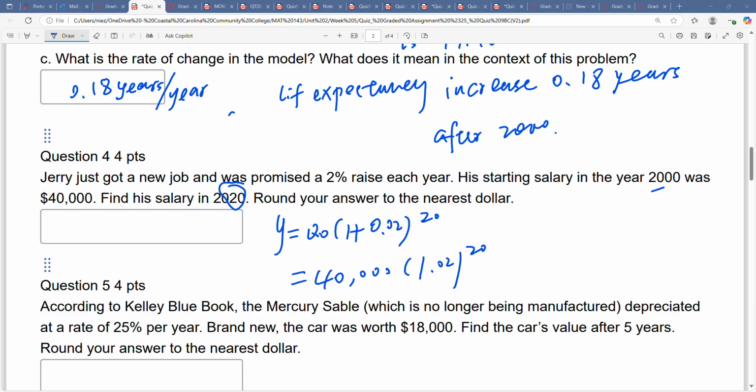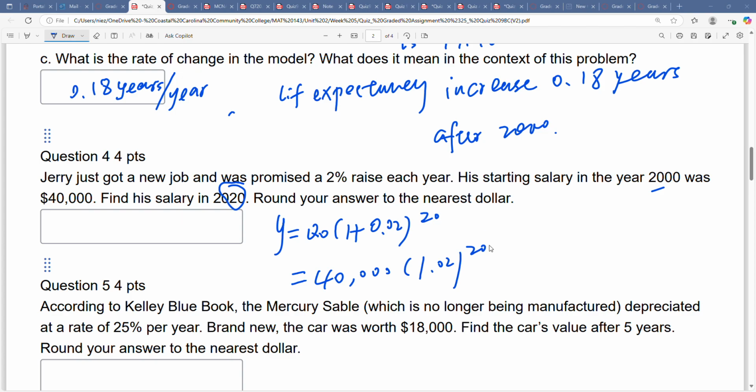You just put this into the calculator. Use 1.02 to the 20th power, using this sign, then parentheses, and times 40,000.